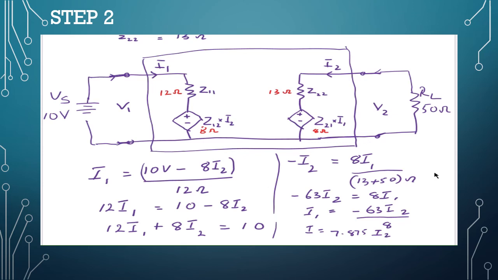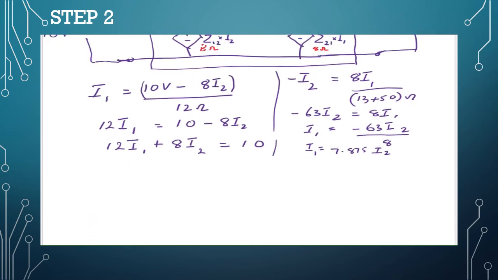Right? So now we can take this value, sorry, this is I1. We can substitute it into this equation here, and then we'll have I2s, and then we'll solve for I2. Remember, our aim is to find the value of I2 flowing through the load. All right? So let's do that. Substituting for I1 in here, we're going to say that 12 multiplied by, oh, by the way, this should have been a negative, right?